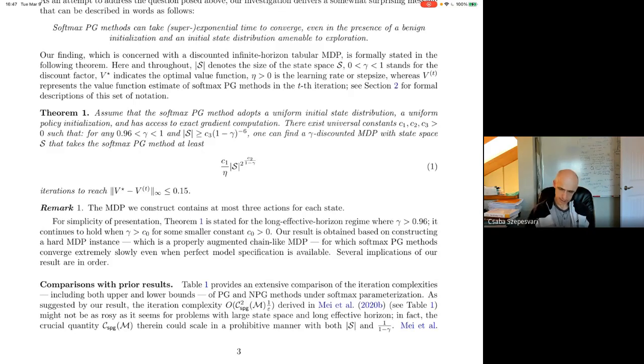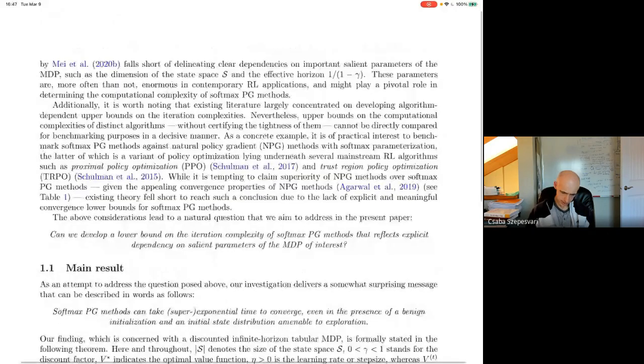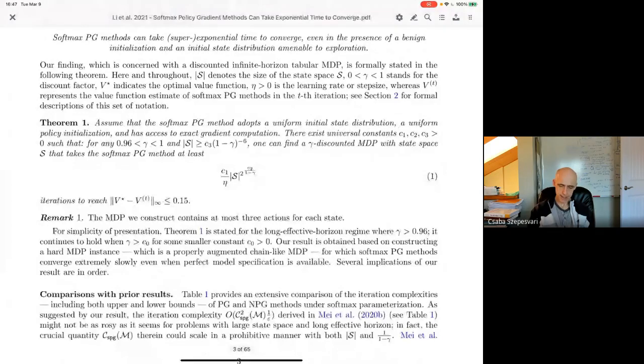So the result that's shown here is kind of in the middle. I can't write here. It's Theorem 1, which says that you take the uniform initial state distribution, which is supposed to be a benign state distribution, and a uniform policy initialization. That means you're in a tabular case, so every action in every state has equal probability, and you have access to exact gradients.